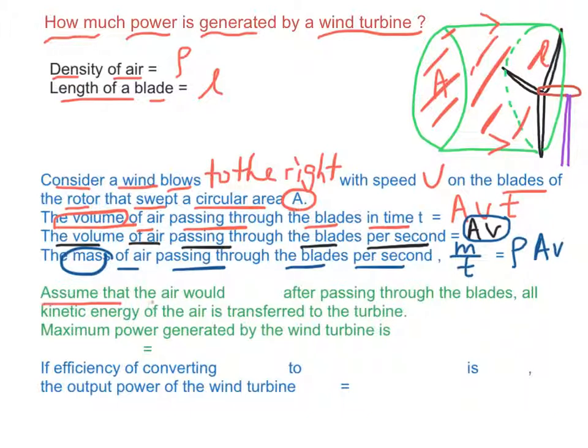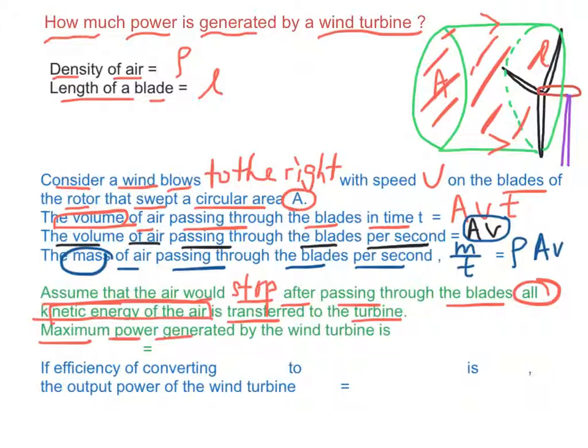Assume that the air would stop after passing through the blades. Then all the kinetic energy of the air is transferred to the turbine. Then the maximum power generated by the wind turbine is equal to the rate of loss of kinetic energy of the air.